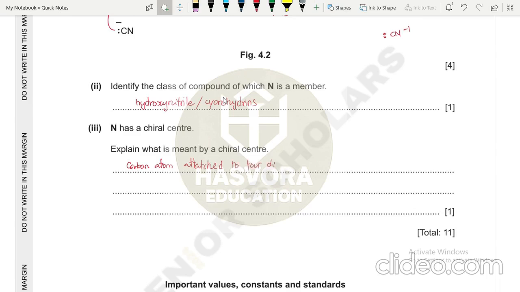So this is the definition of a chiral center, the carbon atom which is attached to four different groups. They have the ability to form mirror images in 3D space, or in the spatial arrangement. So this is the definition of the chiral center.